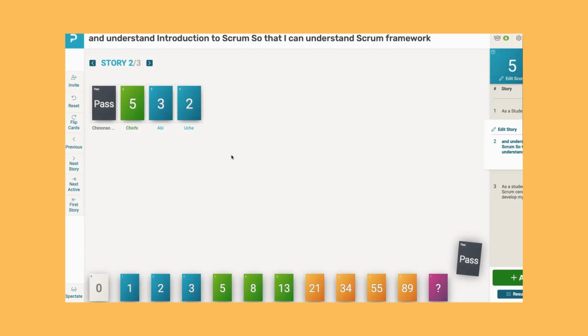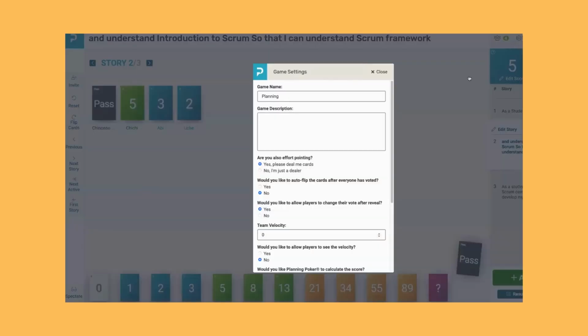I want to make sure that I didn't set it to always give me the highest. Okay. 5 plus 3 plus 2 divided by 3. What is it supposed to give us? This is 10, right? 10 divided by 3 is what? 3.3. So this is supposed to give us an average of 3. Let me see my settings.